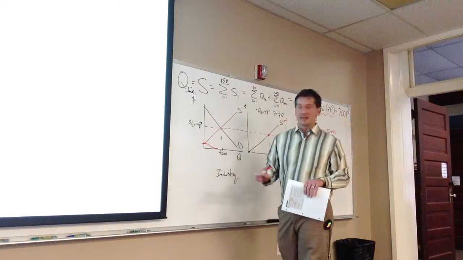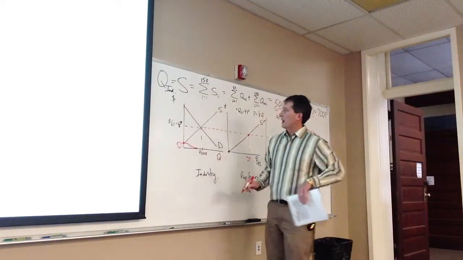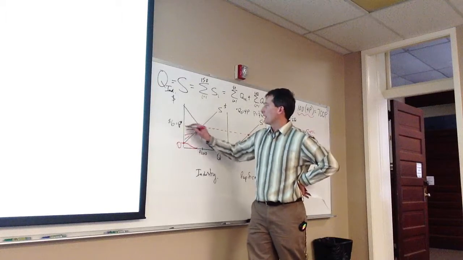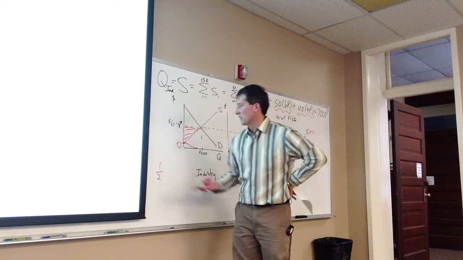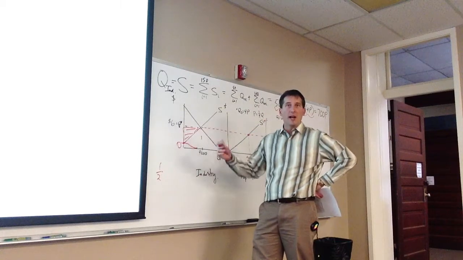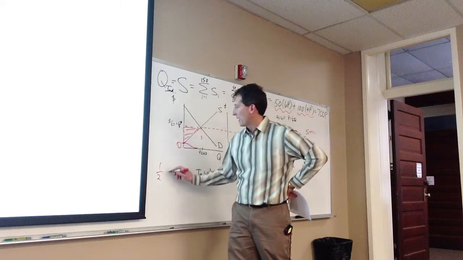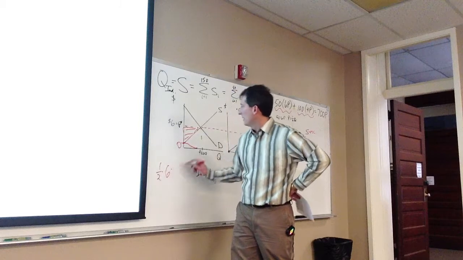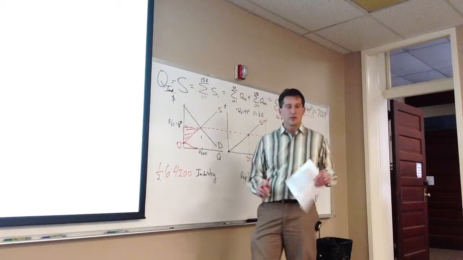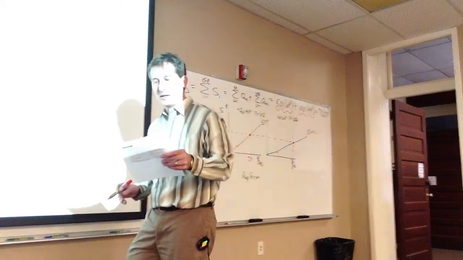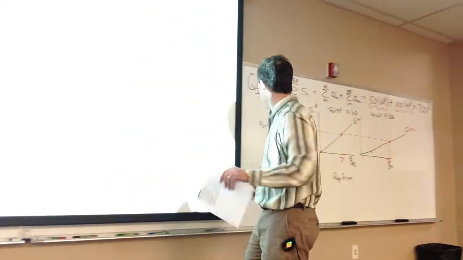So the choke price is 0. And then we're simply graphing out this area. This is just a little reminder from material we had before, 1/2 base times height. So we got a height of 6 and a base of 4,200, giving us a producer surplus area of 12,600. Good.